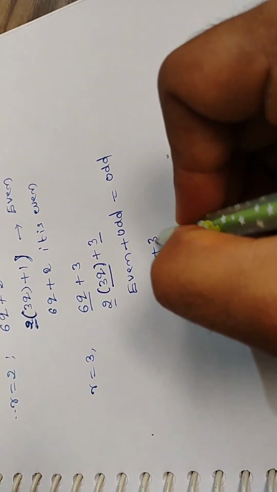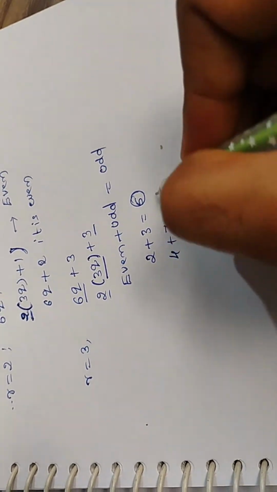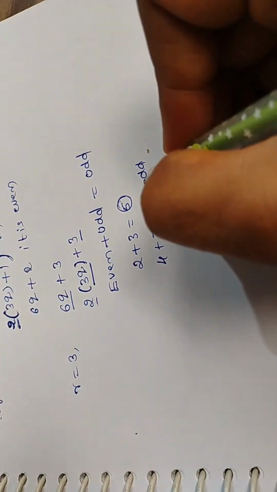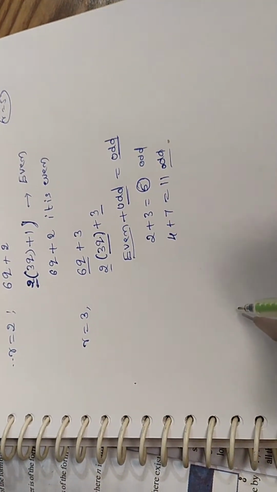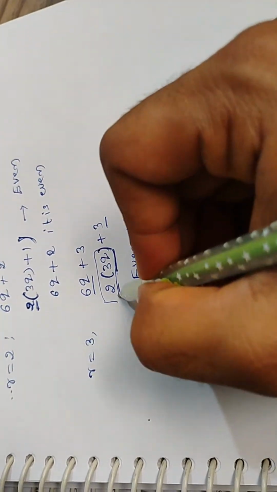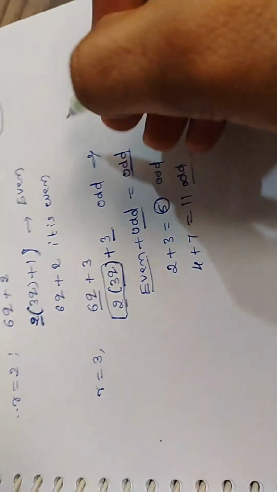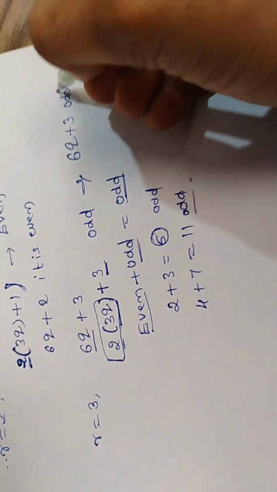Odd number. For example, 2 plus 3 is 5, an odd number. 4 plus 7, you will get 11. It is odd. The result of even plus odd is always odd only. Understand? So this complete part is even, and even plus odd gives odd. We can say by this 6q plus 3 is odd.